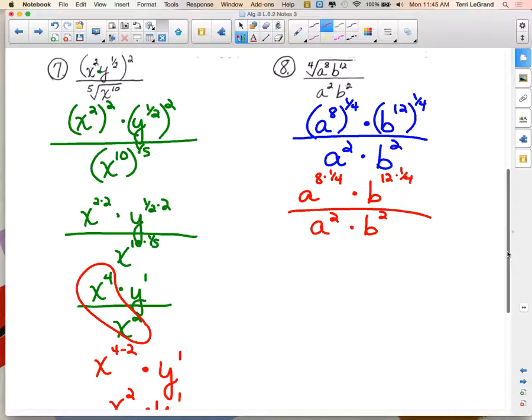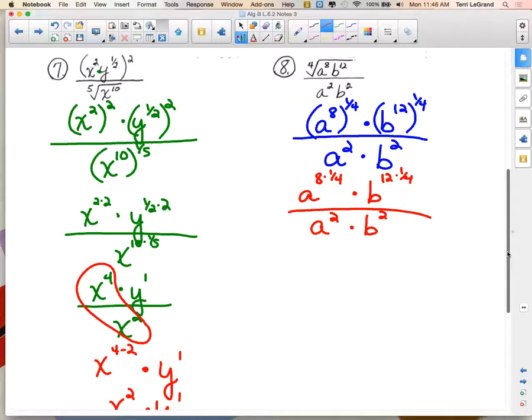Because the power outside the parentheses that time was a 2, and this time it was a 1/4. So we just have to take their powers times each other. Sometimes the fraction is first and sometimes the whole number is first instead. I'm not sure I can answer that for you.